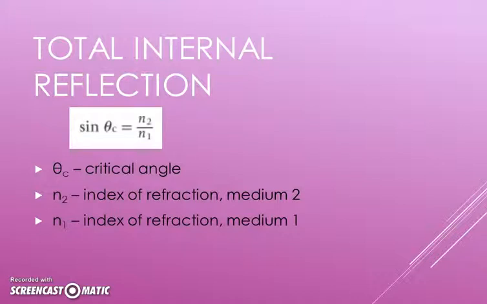So whichever medium has the smaller index of refraction, that's the one that goes on top. So for example, if you have air and water, air is the number that goes on top, water is the number that goes in the bottom, because 1.00 is smaller than 1.33.